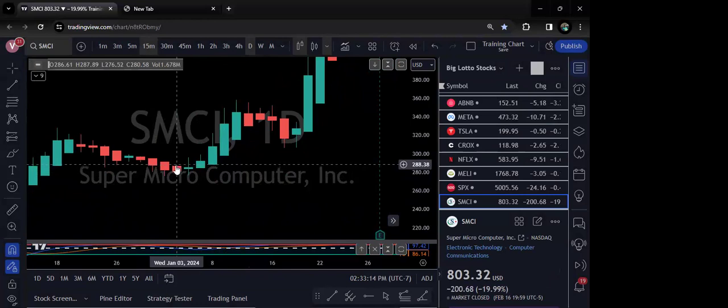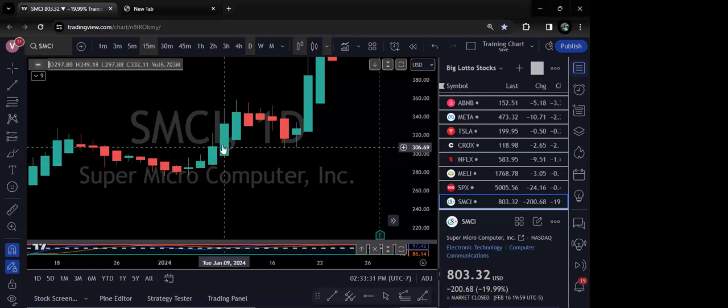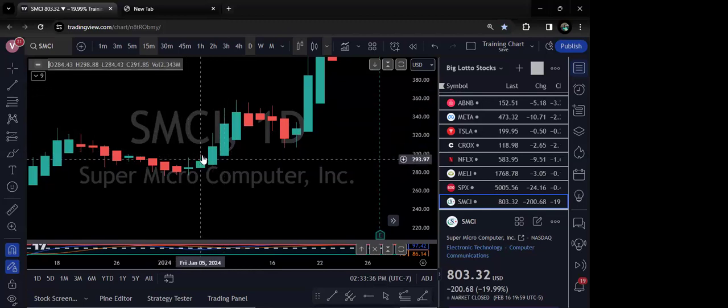It didn't close above this candle, it closed below it. So this is not a strong, viable one. Don't go by this. You want one where the close will be above this. And we got this, and this is a strong bullish candle. There's no wick. Bullish, bullish, bullish. So when you have such a thing, you're anticipating at least 3 days.